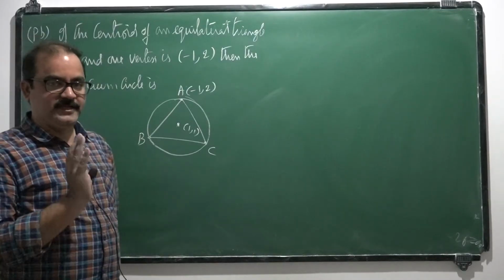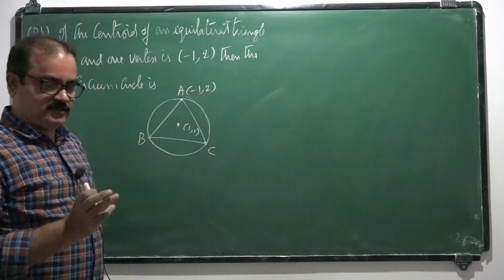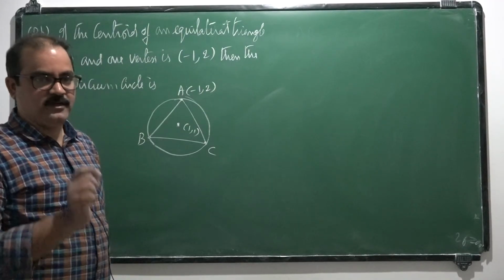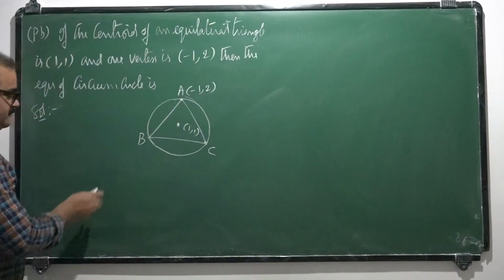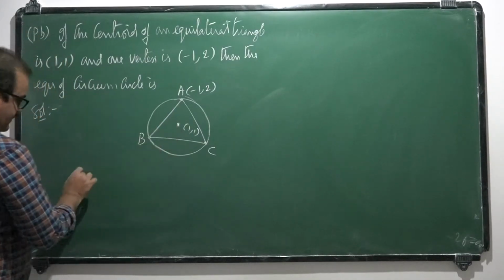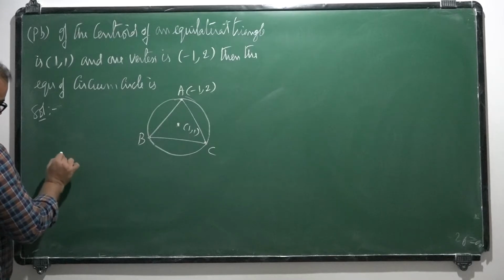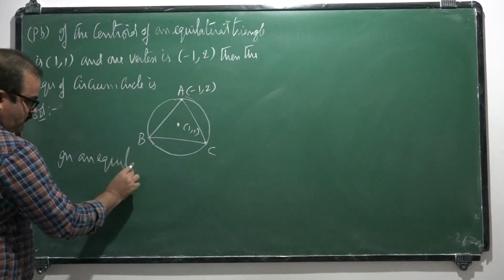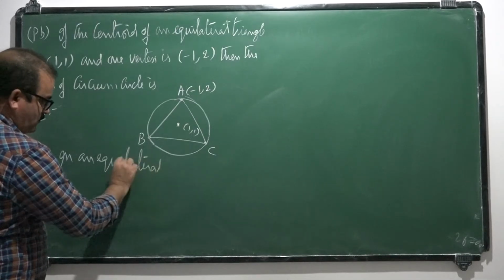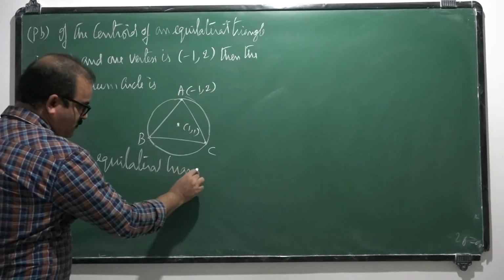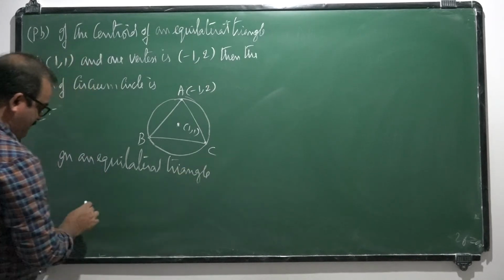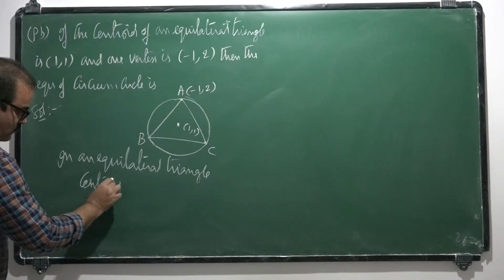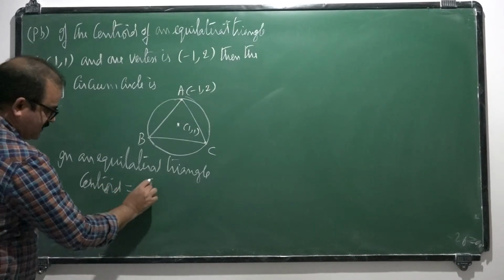We know in an equilateral triangle, centroid, circumcenter, orthocenter, incenter all are the same. Here centroid is equal to circumcenter.